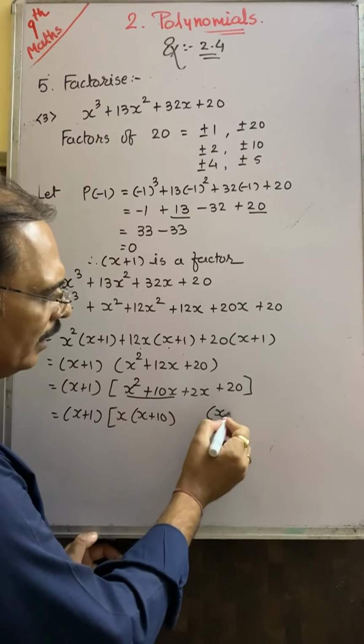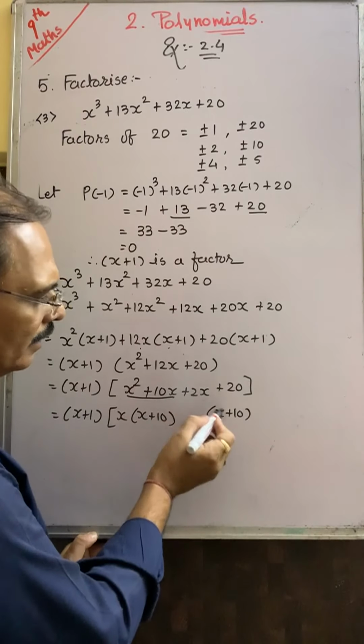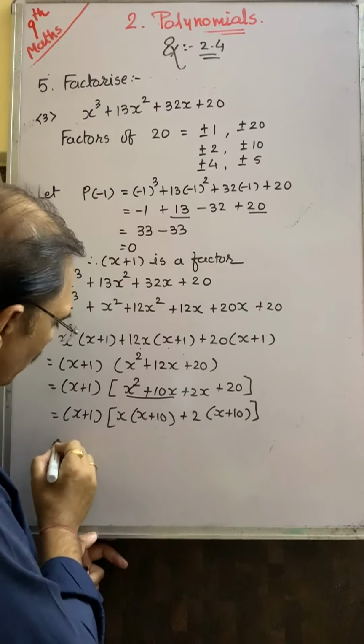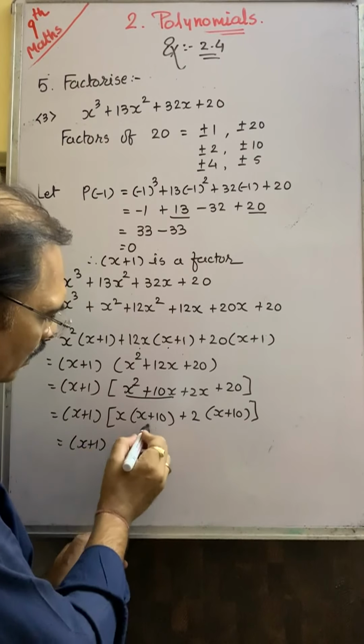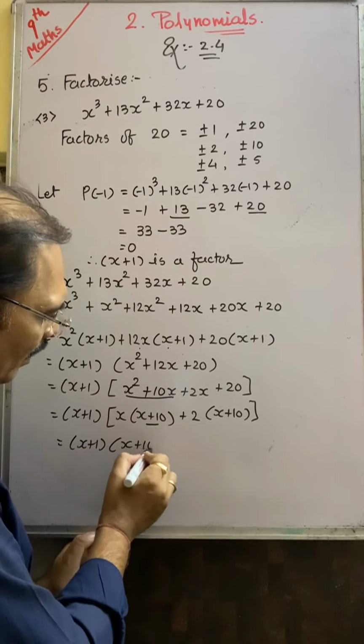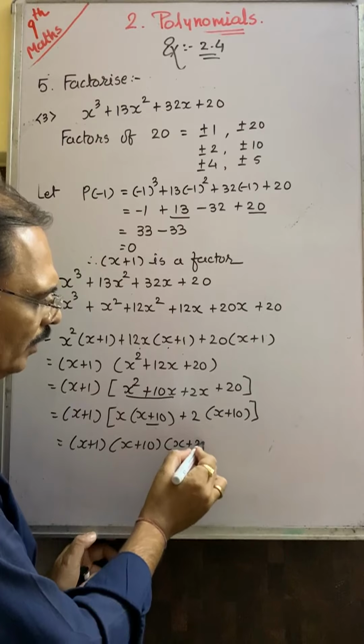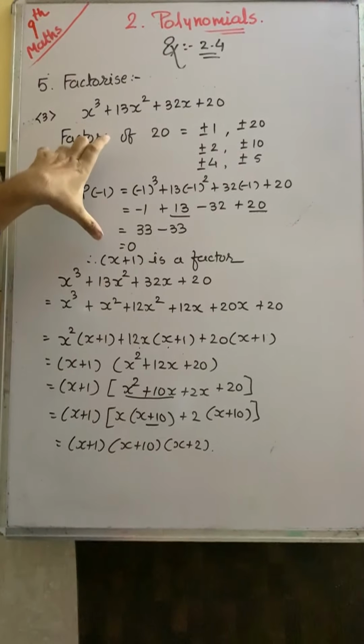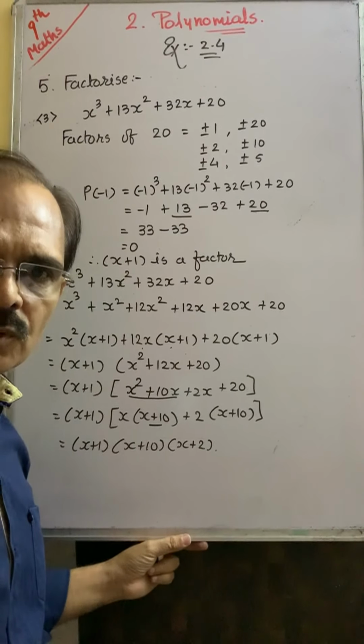I want the same bracket here, so write x plus 10. x is already in the inner side, so write 2. So x plus 1, take x plus 10 common, remaining is x plus 2. So in this way you can do it, right? The only change is this according to your textbook.